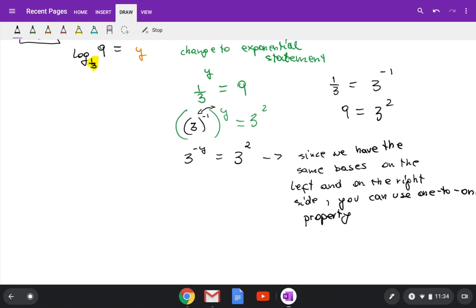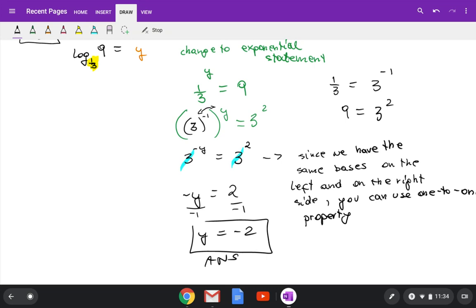Since those two expressions are equal, so what you can do, you can ignore those bases. That means those exponents needs to be equal. So -y has to be equal to 2. Divide each by -1, and y it's equal -2. So this is our answer.